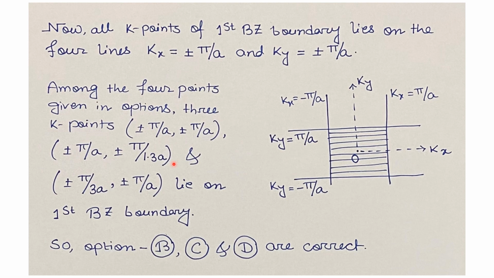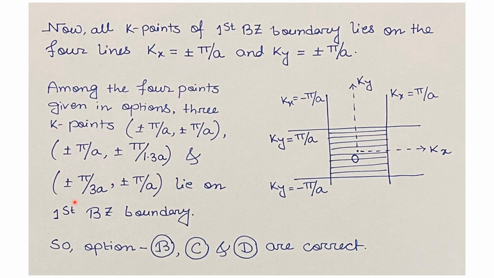Then the third option, plus minus pi by a, comma plus minus pi by 1.3a. These points lie somewhere like here, here, here and here. These 4 points lie on the boundaries, so this is also a possible answer.